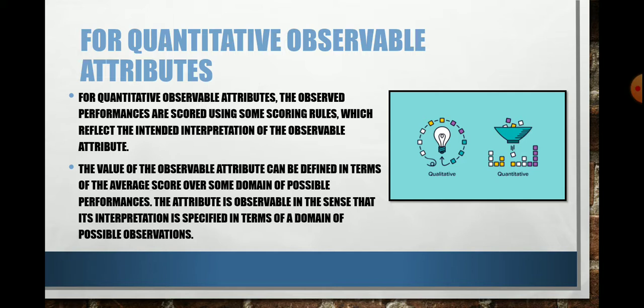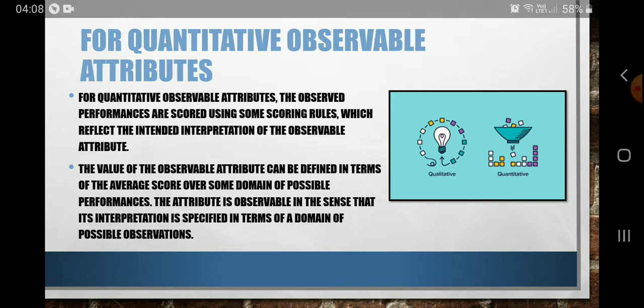Basically, scores are used for what is intended to be measured using a kind of method so that we can know the reliability of the performance of the student. As mentioned here, the average scores can define the domain of possible performances, meaning it's like a control number. The average score is the basis of the performances of each student for other possible observations.